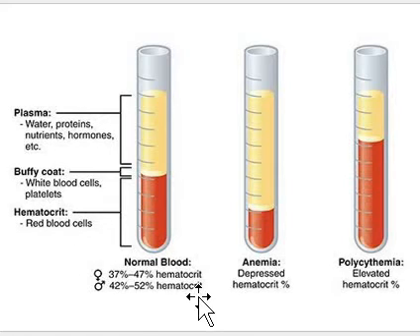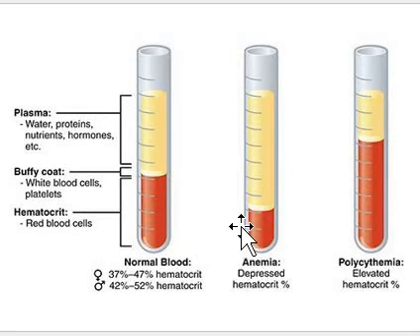For normal blood, hematocrit is 37 to 47 percent for females, and for males it is 42 to 52 percent. This is the normal one, and for anemia, the RBC count will be very low.